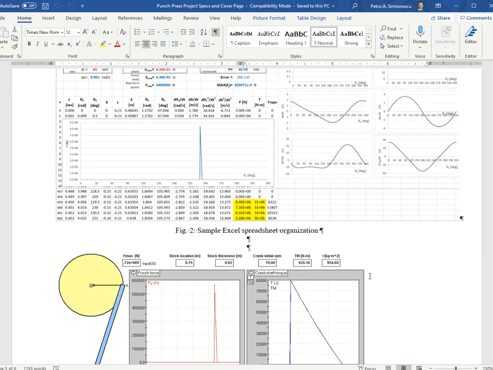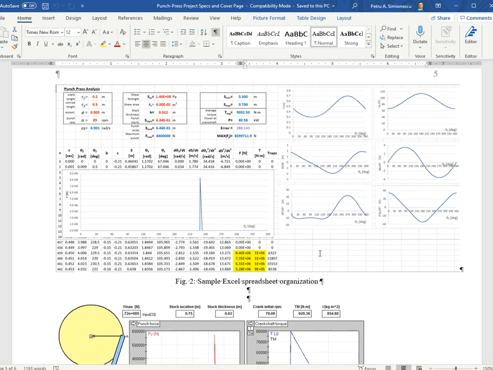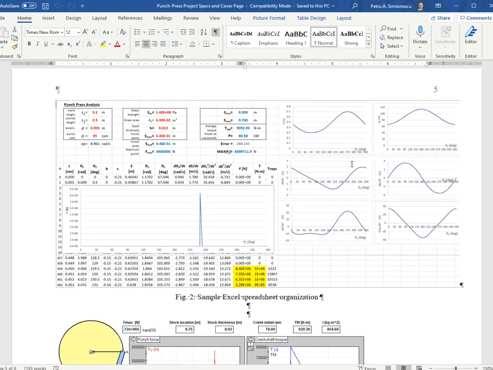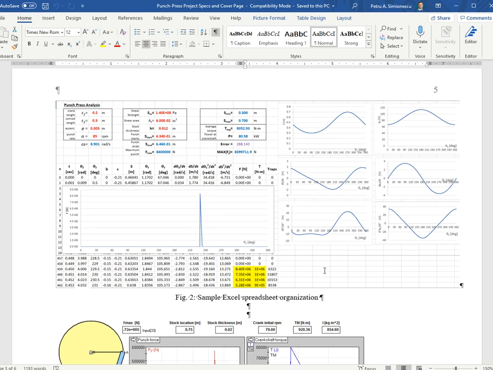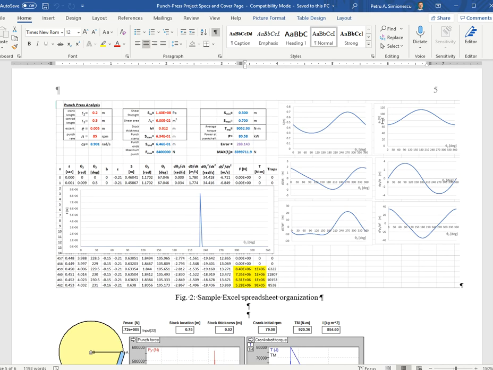Not shown here, but I'm emphasizing this: you have to generate position, velocity, and acceleration of the punch in Excel and have them side by side, and use the working model to validate the Excel part. This is the transmission angle, which is the same as for the punch moving vertically.